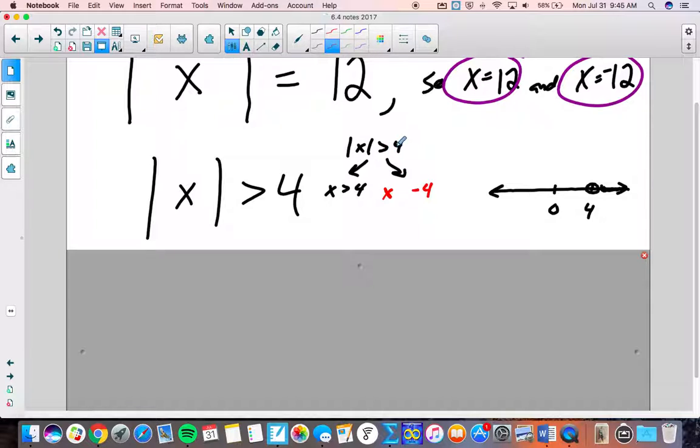So when I take the opposite of this number, I need to take the opposite of that sign. So my second answer is x is less than -4. Hey, and doesn't that make sense? Aren't these distances greater than 4 steps away from 0?